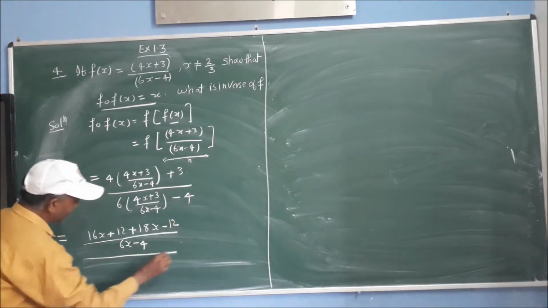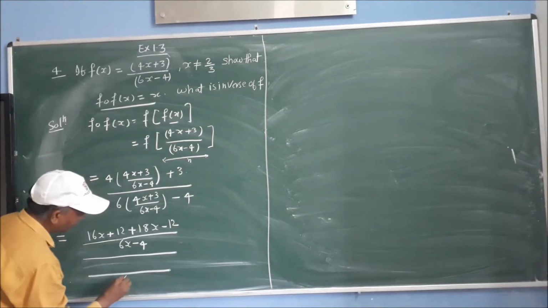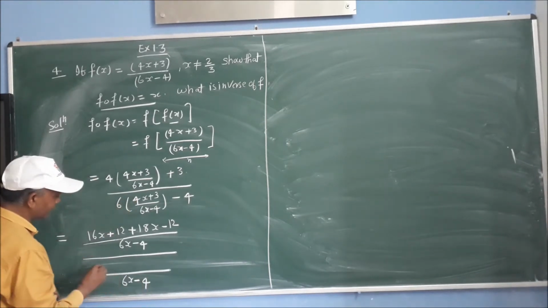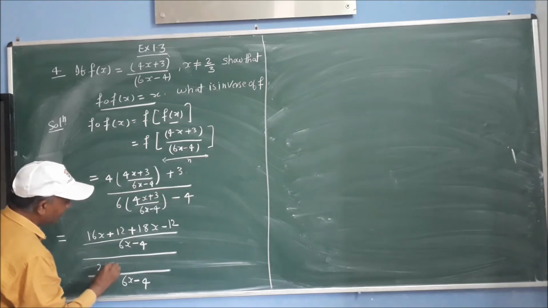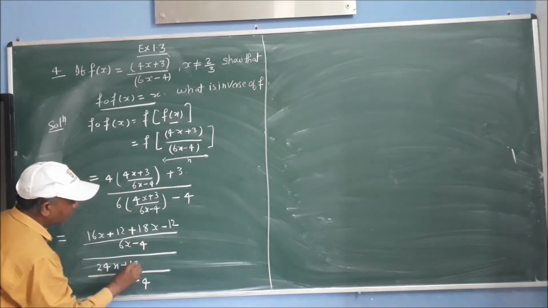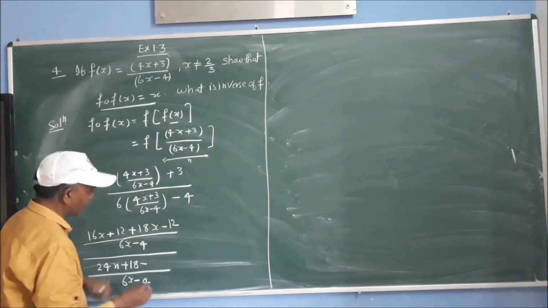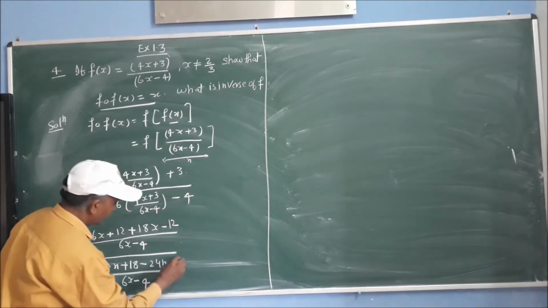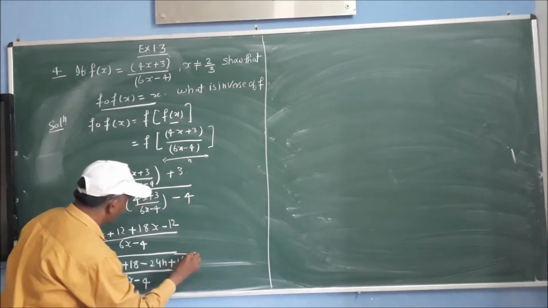This whole divided by, again taking the LCM, 6x minus 4. And this is your 4 into 4, 6 into 4, 24x plus 18 minus 6 into 4, 24x plus 4 into 4, 16. So this will be like this.